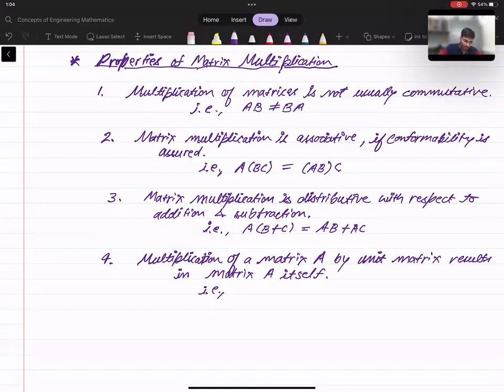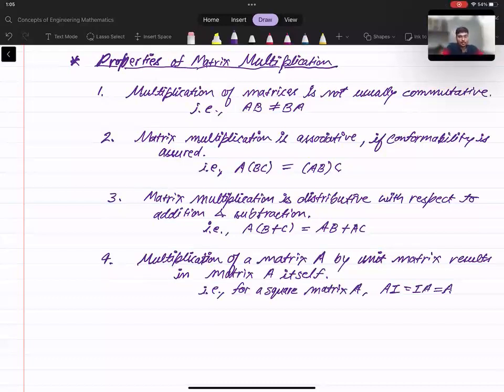So suppose for a square matrix A, we have AI will be the same as IA, and then this will be the same as A. So there will be no change here.